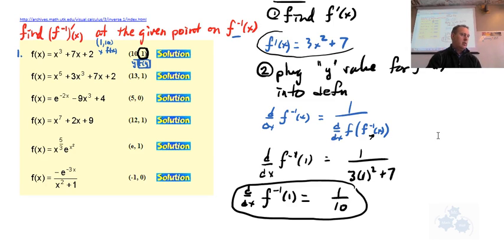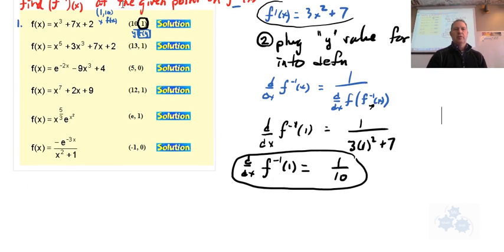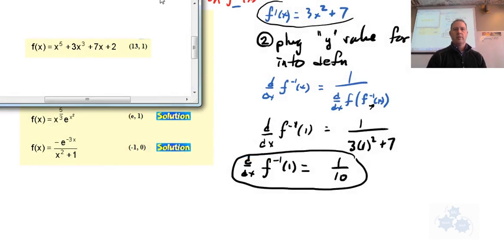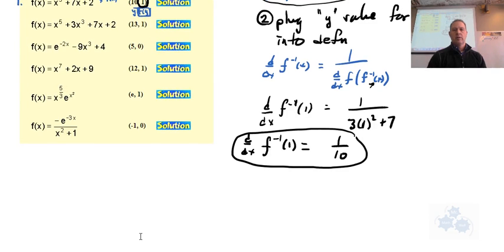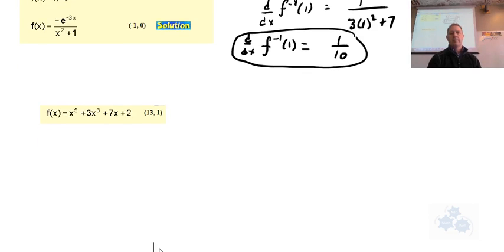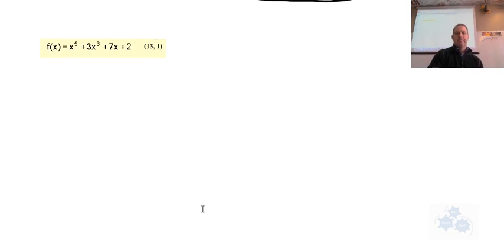Now, without all the detailed explanation going back and forth, let's do another one. Let's do this one right here. If we're going to find the derivative of the inverse evaluated at 13, 1, that's a point on the inverse function, I first find the derivative.